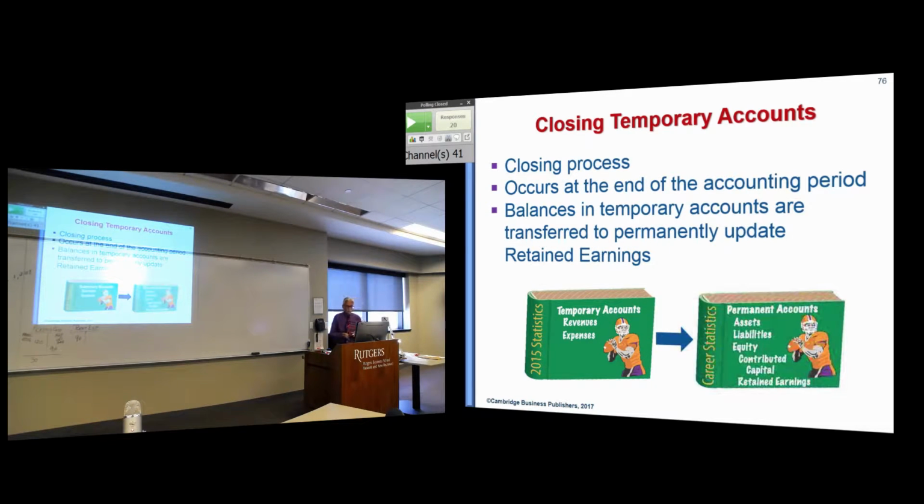So the closing process is at the end of the accounting period. It closes temporary accounts. The revenues and expenses are basically closed out to retained earnings. So the goal is to start the next accounting period with 0 revenues and 0 expenses. Because what you want to do is measure, just like your W-2 form.